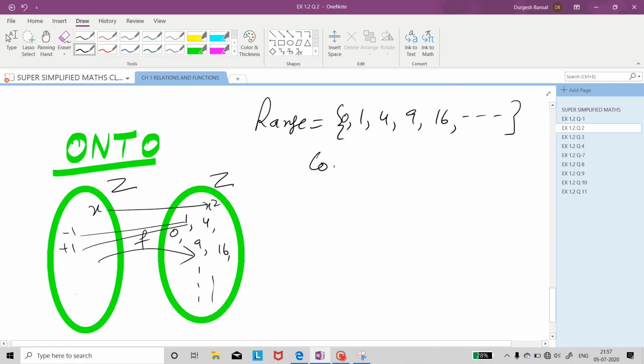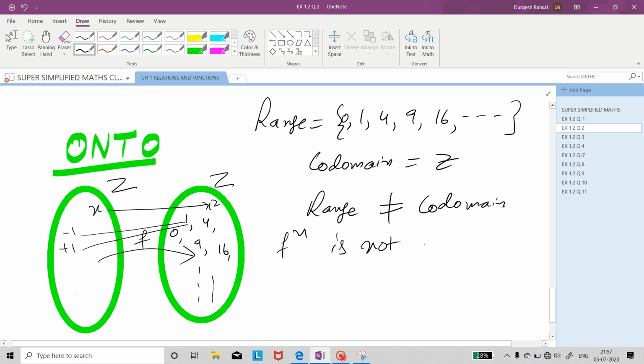And the codomain is the set of integers, and you can observe very easily that range is not equal to codomain. Therefore the function is not surjective, or onto.